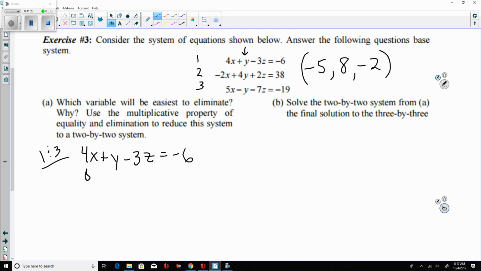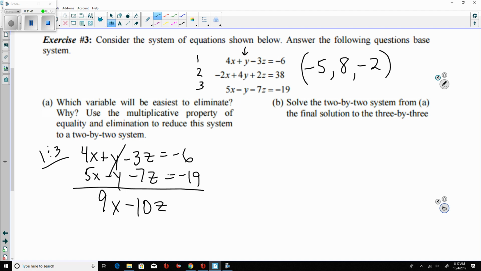And 3 is 5x minus y minus 7z equals negative 19. So the y's gone right off the bat. So then I have 9x minus 10z equals negative 25.